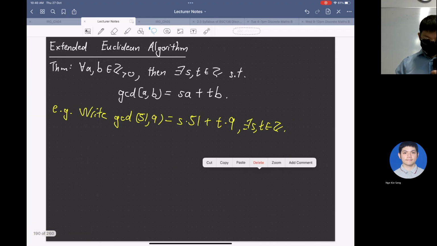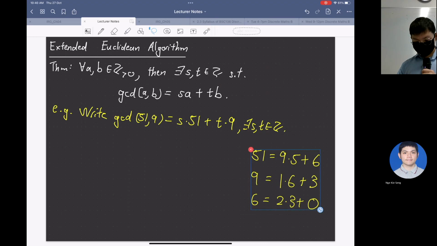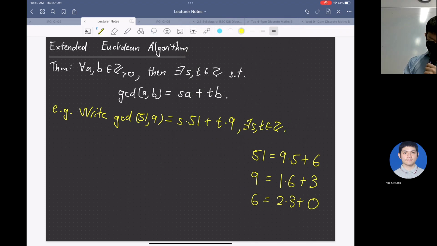Maybe in the textbook, the extended Euclidean algorithm is stated a bit differently, not too different, but a bit differently. But you just follow my notes here. So what I mentioned here is the extended Euclidean algorithm. This is what I learned before. So let's use this.